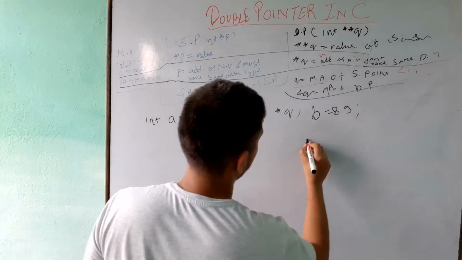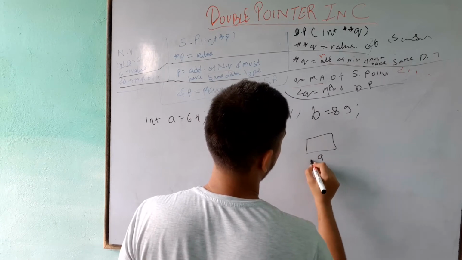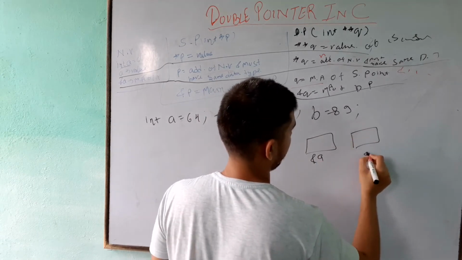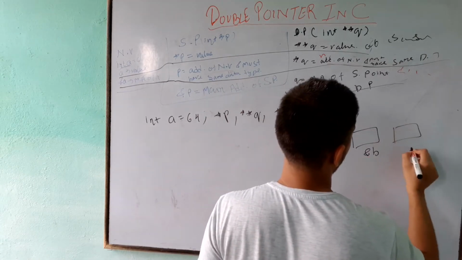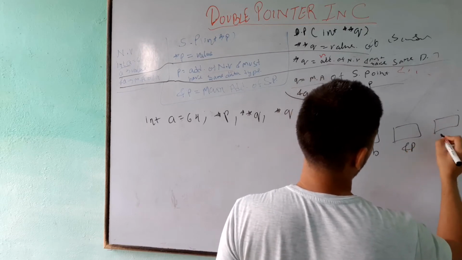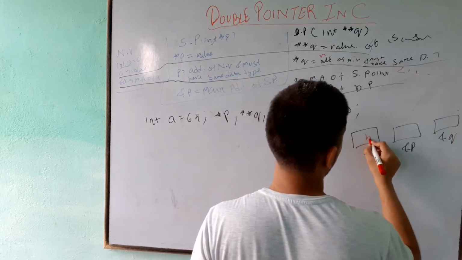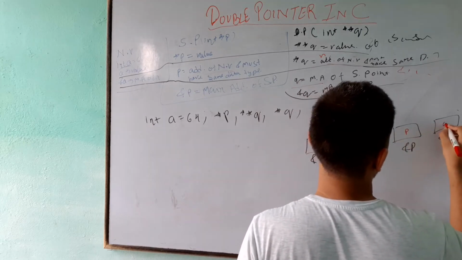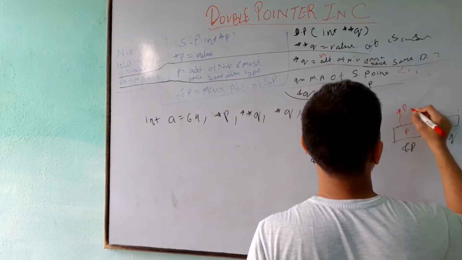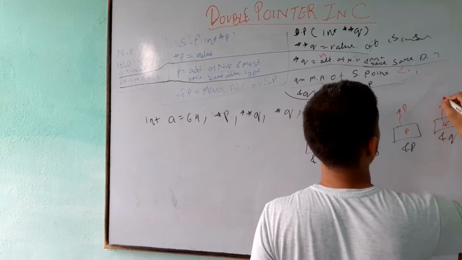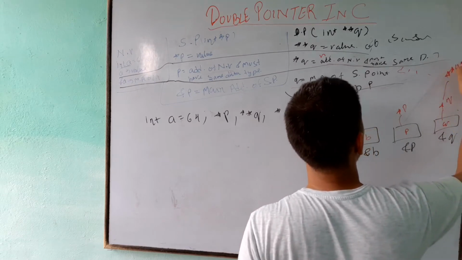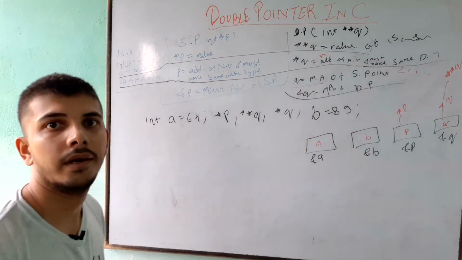What happened here? Here is a, &a, &b, &p, &q. It is holding a, b, p, q. This is something *p, *q, and this also goes to q, right?